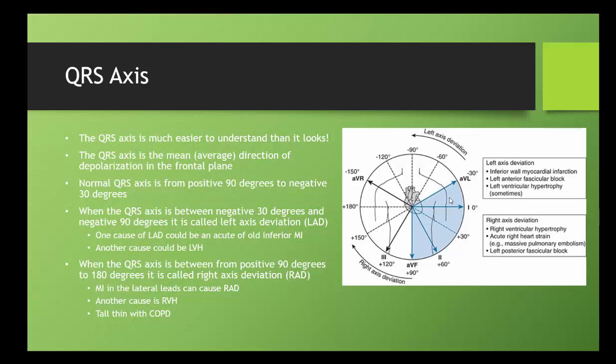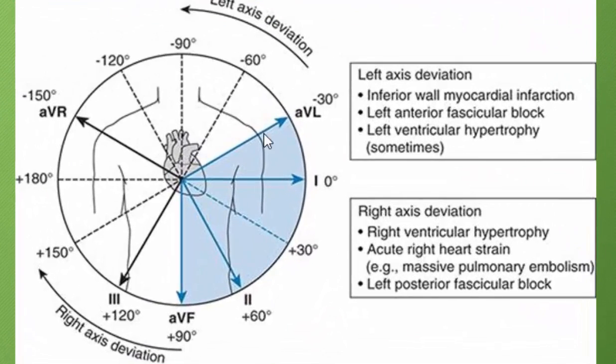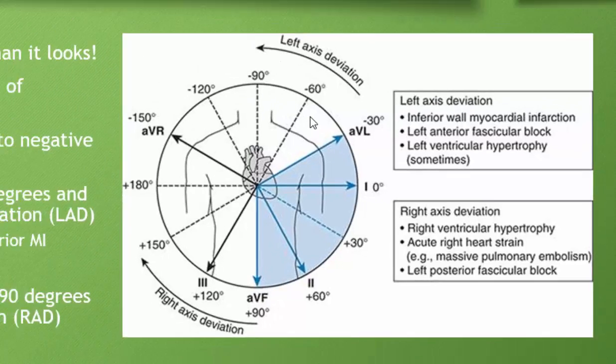Another cause, of many, could be LVH. If you notice that the QRS axis is between negative 30 at aVL and all the way up to negative 90, that could reveal an acute or old MI or some other related cardiac disease.